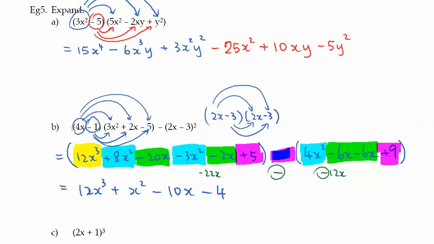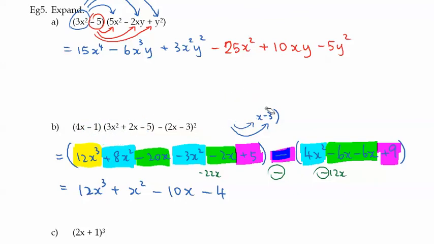In this example, I want to bring up something important. First one, when you want to multiply polynomials together, the highest degree of your polynomial comes from the product of the highest term from each of the brackets.